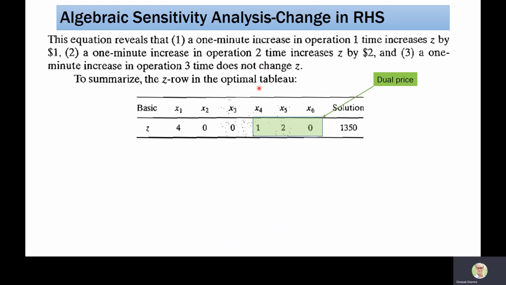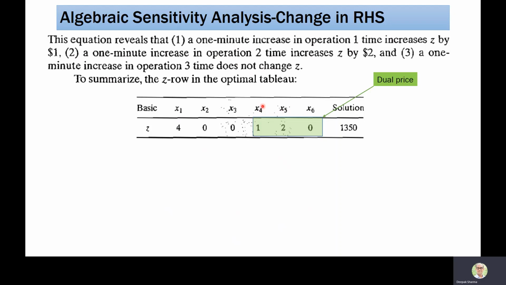We have to remember that the table should be the optimal simplex table. Looking at the Z row, in this particular problem we have three slack variables, x4, x5, and x6.